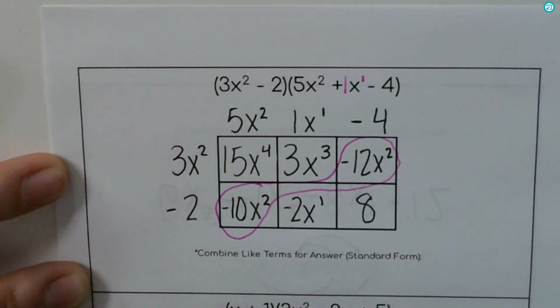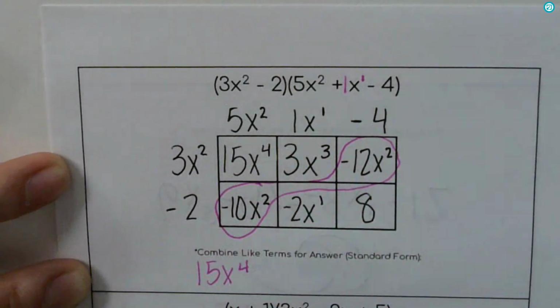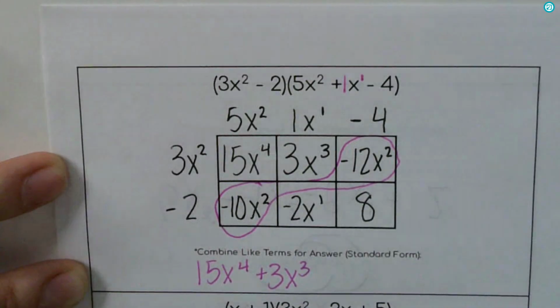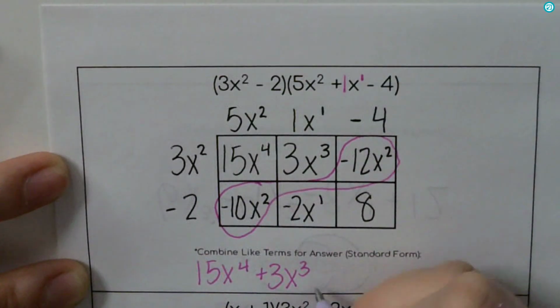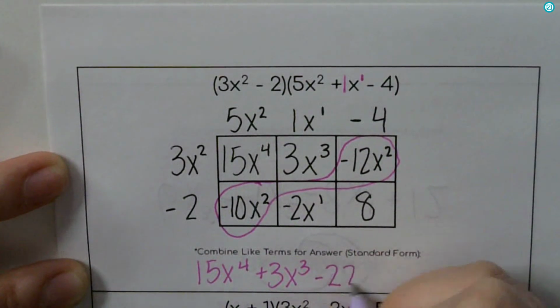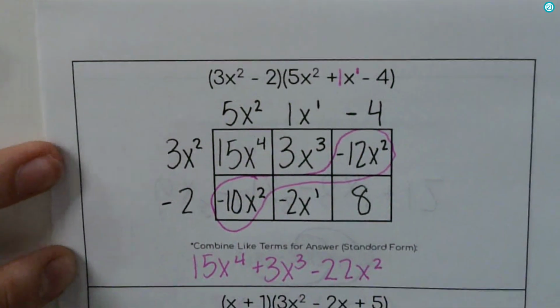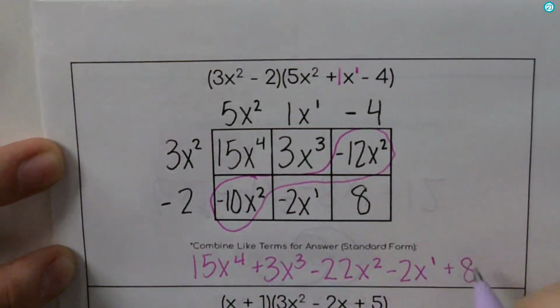So, combining that together, we've got 15x to the fourth stays by itself. 3x cubed stays by itself. And then negative 10 and negative 12 is negative 22. It stays x squared. You don't change your exponents when you're combining like terms. And then I've got my negative 2x to the first and my plus 8.